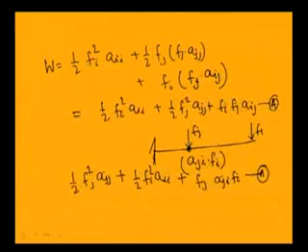So, work done if we are applying the force at j first and then at i, then the work done is half Fj² Ajj plus half Fi² Aii plus Fj Fi into Aji.